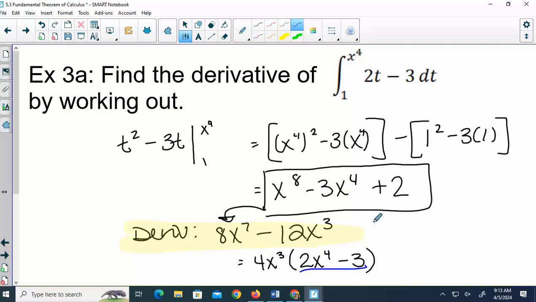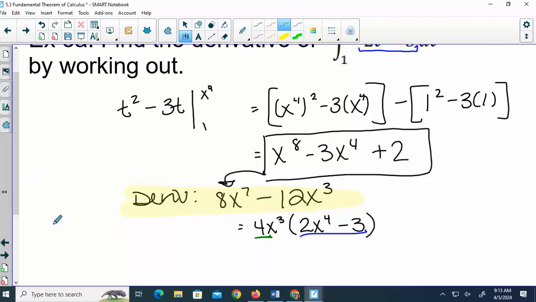Is that the same as just plugging the x to the fourth in here? How is 4x cubed related? It's the derivative of x to the fourth. So if it's not just a plain x, you can do the same thing. You can plug it in, but then you just have to multiply it by the derivative of that number.